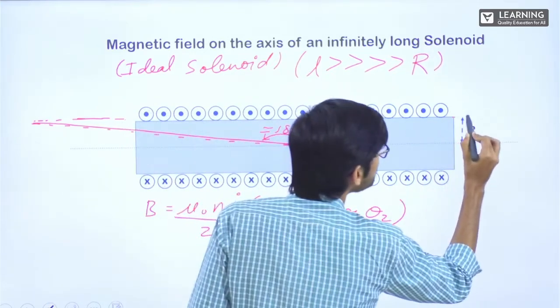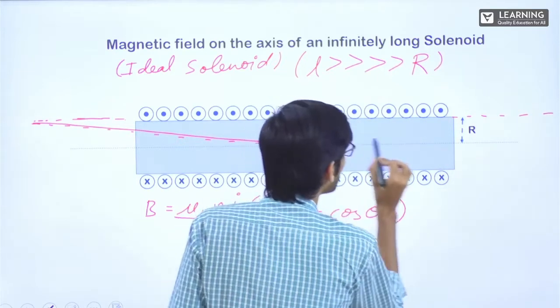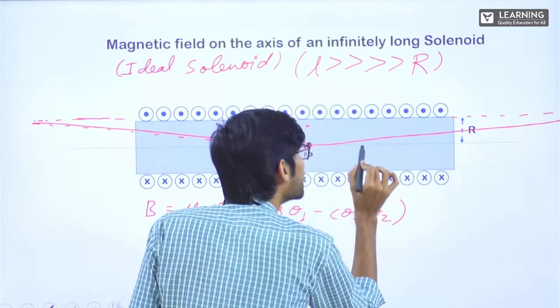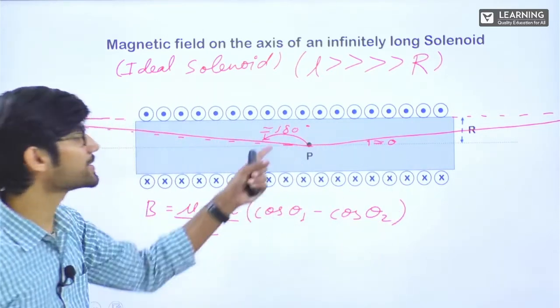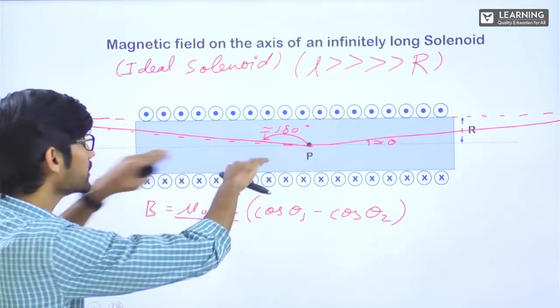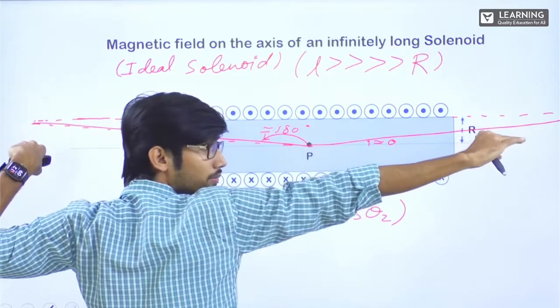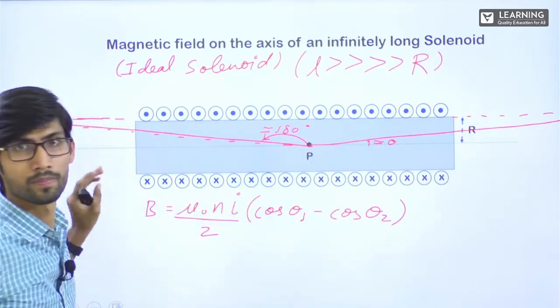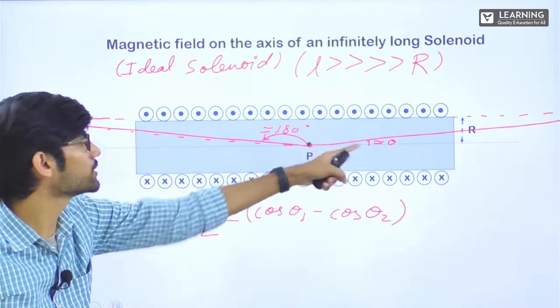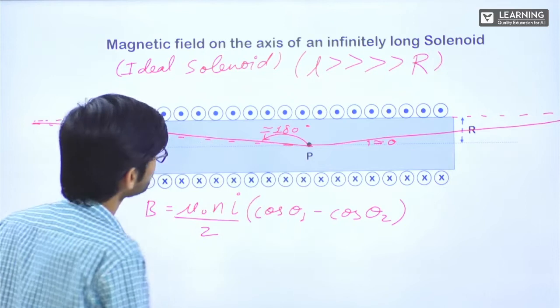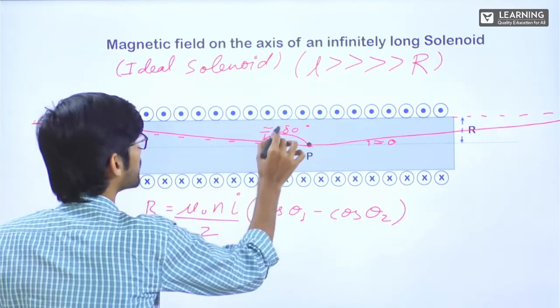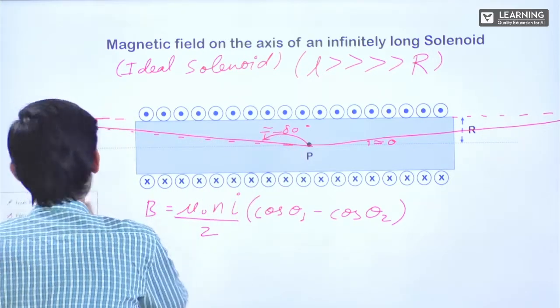And here also, since it is infinite, if I try to connect like this, this angle will be nearly 0 degrees. Clear? Since it is of infinite length, this complete line will be a straight line connecting both the ends. So this will be nearly 0, and this will be nearly 180 degrees. Clear? So just put these values in the thetas.